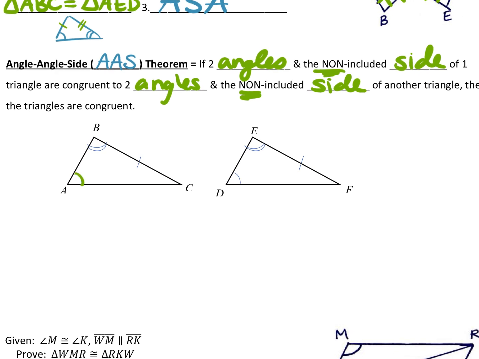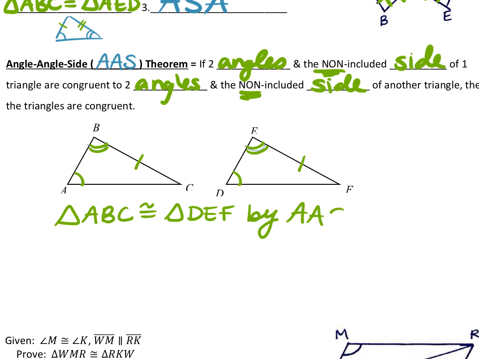Angle A is congruent to angle D. Angle B is congruent to angle E. And then BC is congruent to EF. So we can say triangle ABC is congruent to triangle DEF by angle, angle, side.